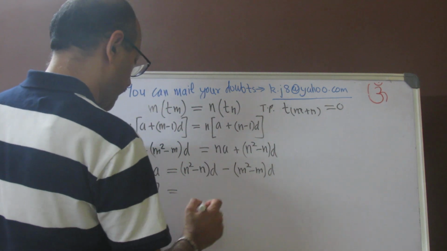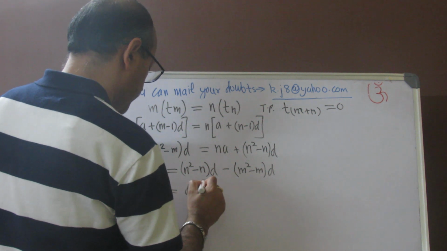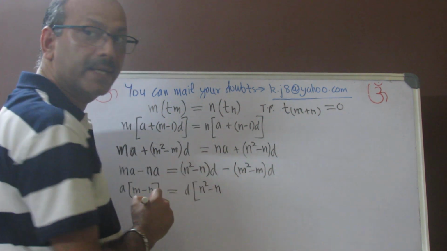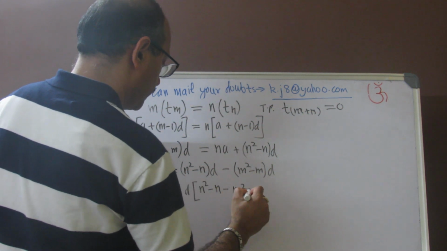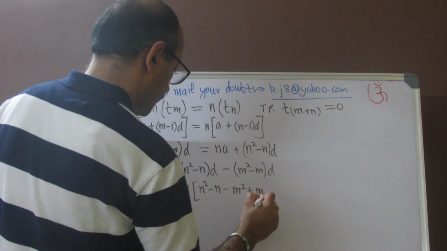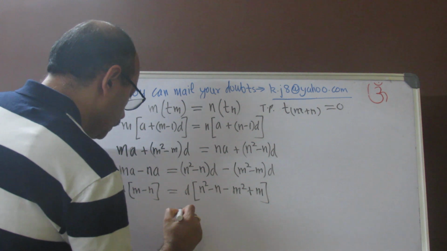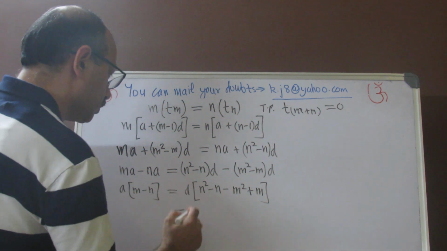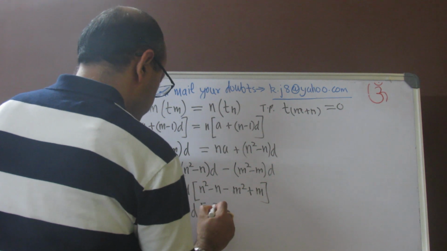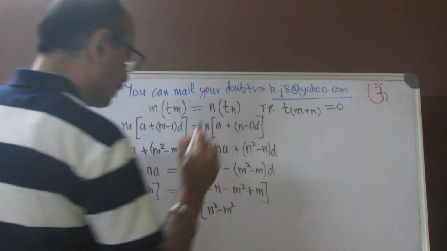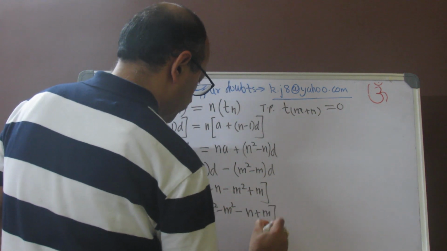So what will we have with us? So we'll have D N square minus N minus M square plus M. Okay, so let us solve this. So it will be D into N square minus M square minus N plus M.